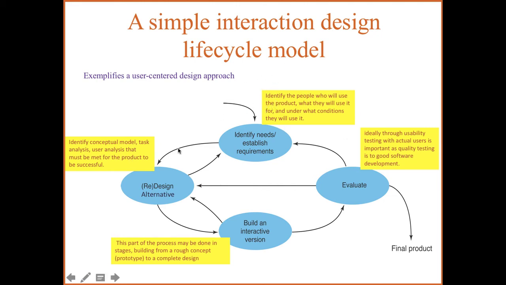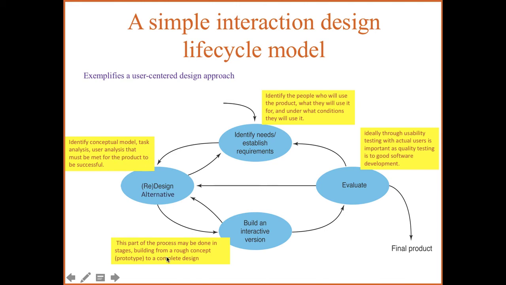Next, if you go to the second stage, design, it identifies the conceptual model, task analysis, and user analysis that must be made for the product to be successful. In this case, you have to design not just the prototype itself, but in this case, you haven't designed any prototype yet, but you're going to identify the task analysis and the conceptual model of your prototype.